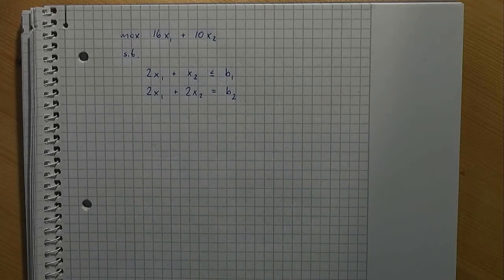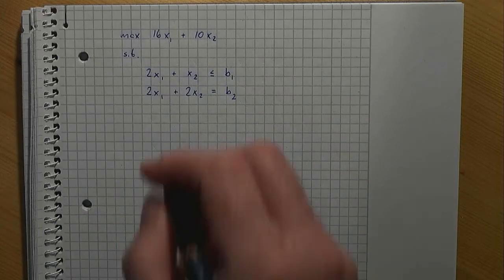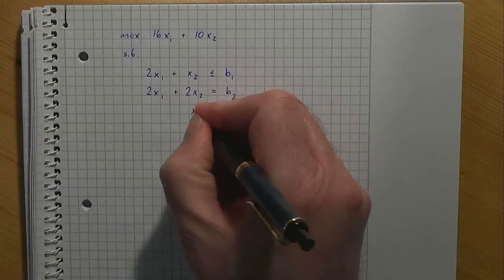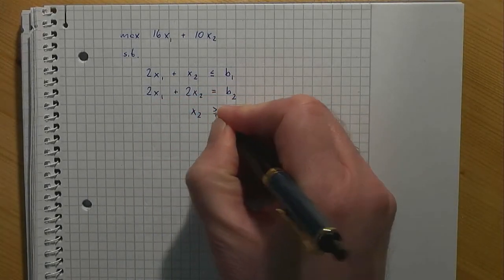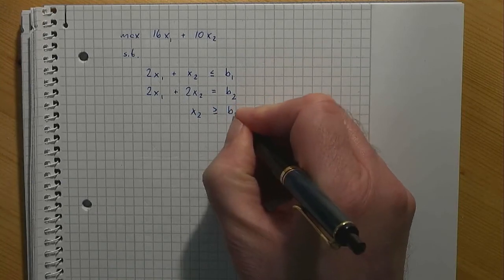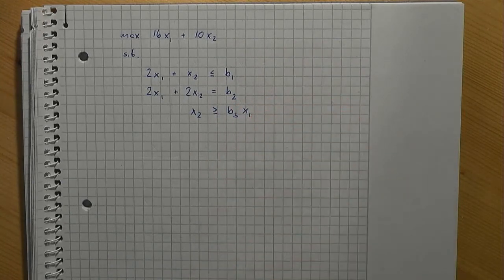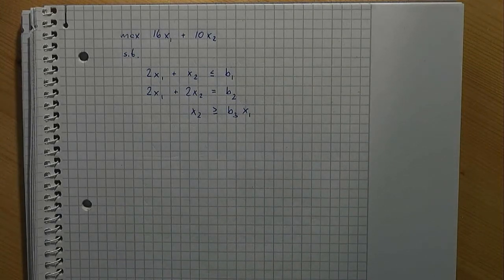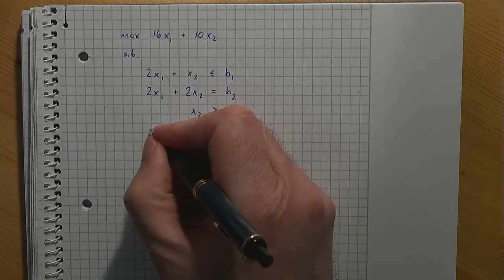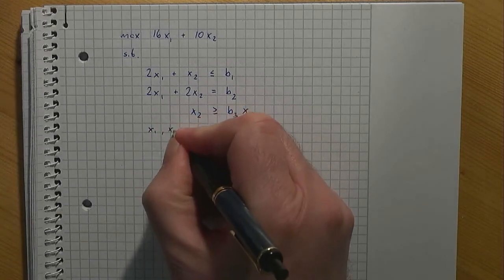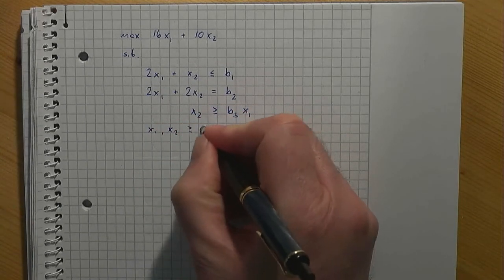Extra chairs may be produced. And finally, as always, we have x1 and x2 greater than or equal to 0.